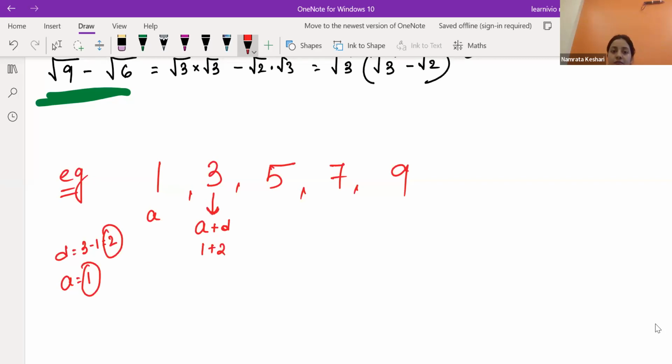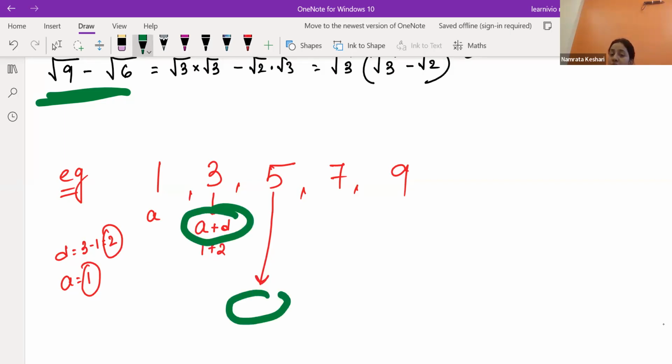The next term, can we call it the previous one plus d? Can we say the next term is previous one plus d? What was the previous one?